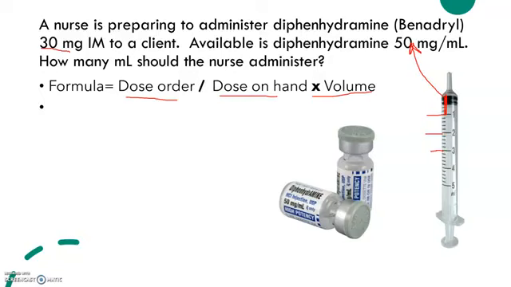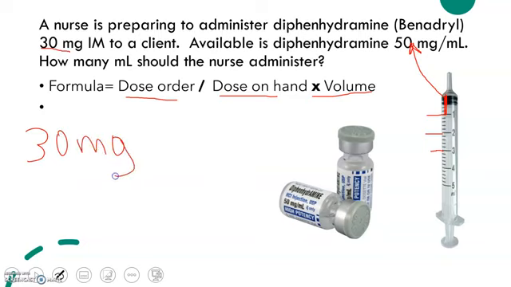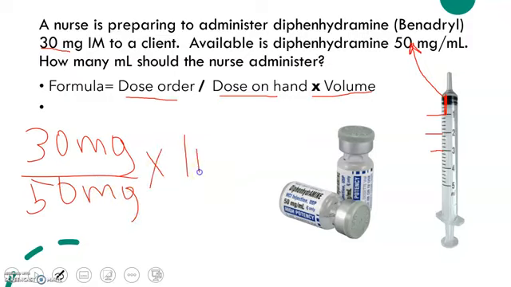Now I know that it is going to be less than 1, and I know it's going to be less than 1 because 1 ml is actually 50 milligrams. So if it is 30 milligrams, that means it is less than 1. So it is 30 milligrams, which is the dose ordered, over the dose on hand, which is 50 milligrams, times the volume, which is 1 ml.